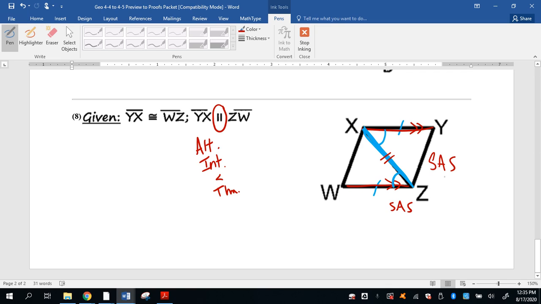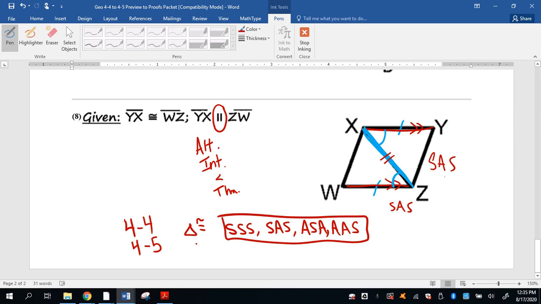Hopefully this summary is helpful as you approach your actual proofs packet for 4 and 4.5 when you formally prove different things by using the triangle congruence theorem. So in summary, you're going to prove by using side, side, side, side, angle, side, angle, or angle, angle, side. You prove triangles are congruent by one of these four.